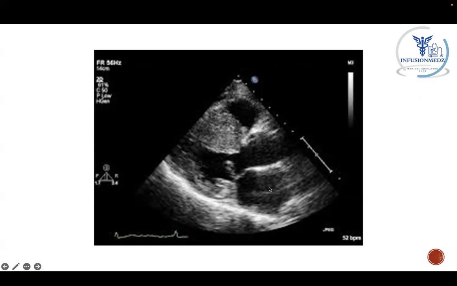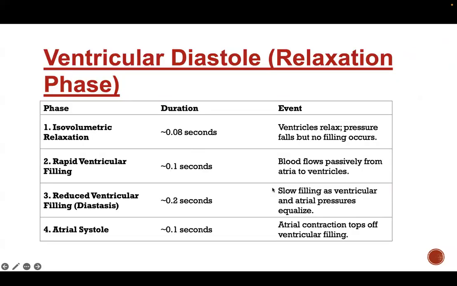When it contracts, more blood goes into the ventricle and pushes the apex towards the chest wall, and there is another apical impulse felt. So this is a double apical impulse: one in the systolic phase because of the left ventricular contraction, and another in the pre-systolic phase, which is the atrial systole.